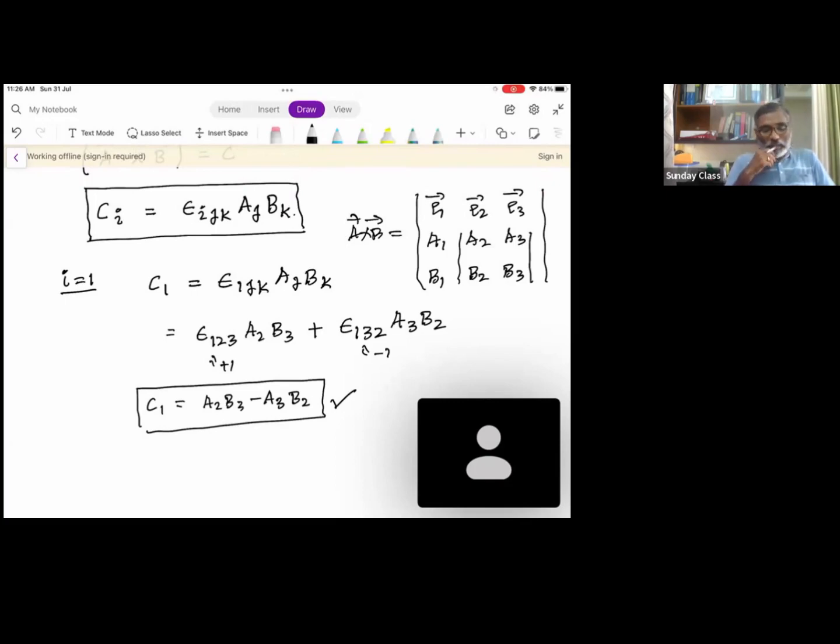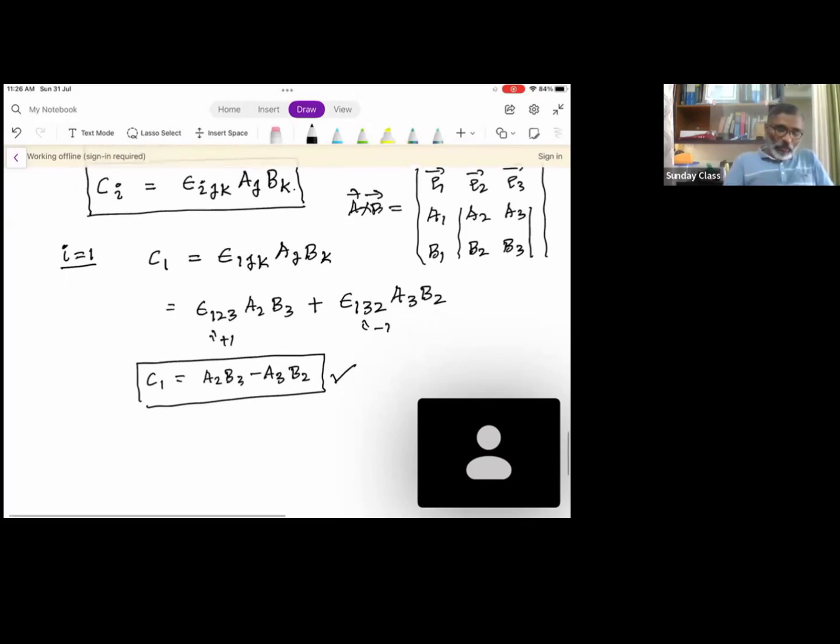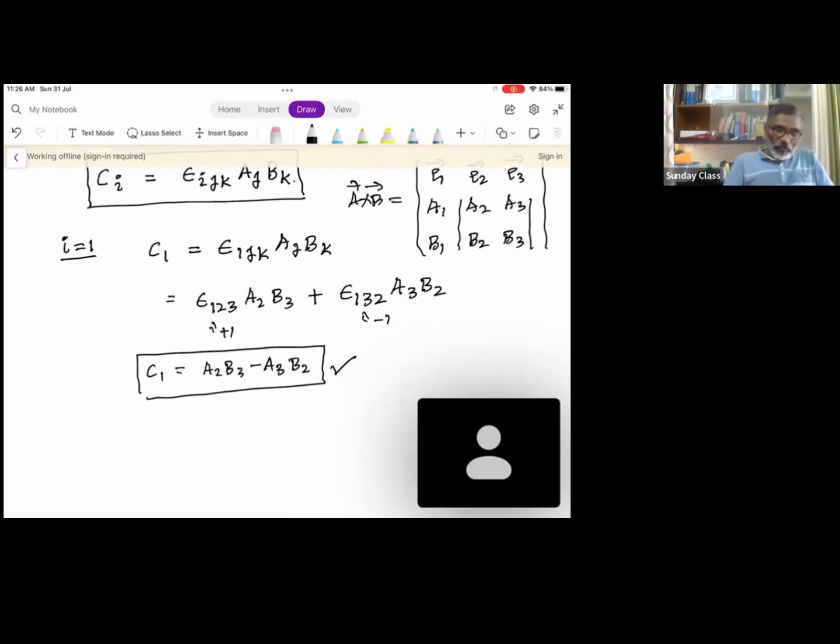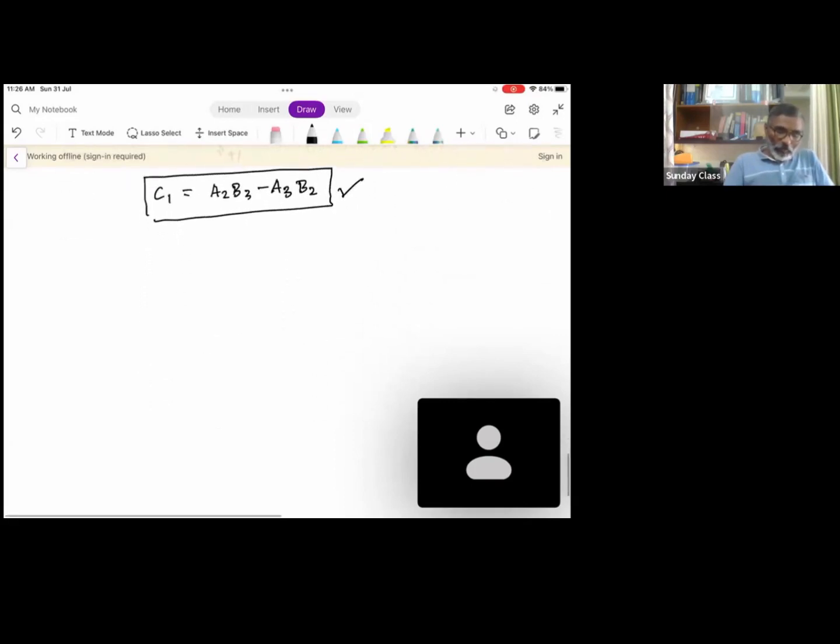Now, as you can see, the epsilon ijk is also related to determinant. So suppose I have a matrix. Let us say that M is a matrix such that Mij is the ijth element.